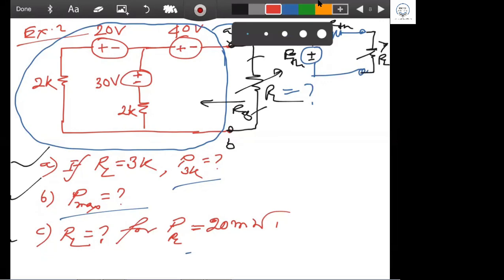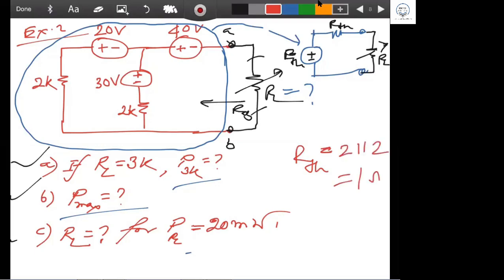Sir, 1. Good. How did you get 1? Paralleling the two resistances. 2 parallel 2 is 1K. Good. So you write here, it is 1K. That's done. R Thevenin is done.